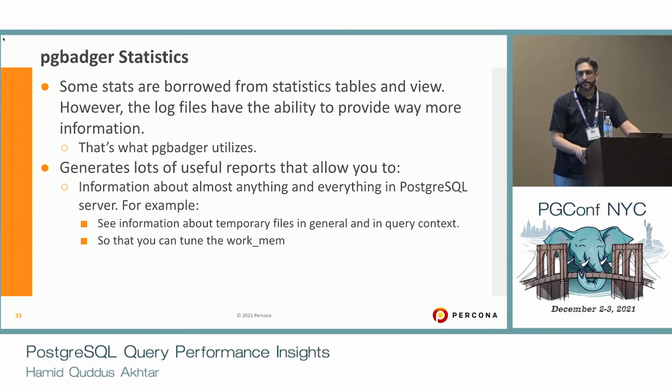So it picks up some of the statistics from the statistics tables. A lot of this information gets dumped as part of log files if you have the required parameters set up. It provides way more information, or in a way simpler format, than you could access from the statistics tables.